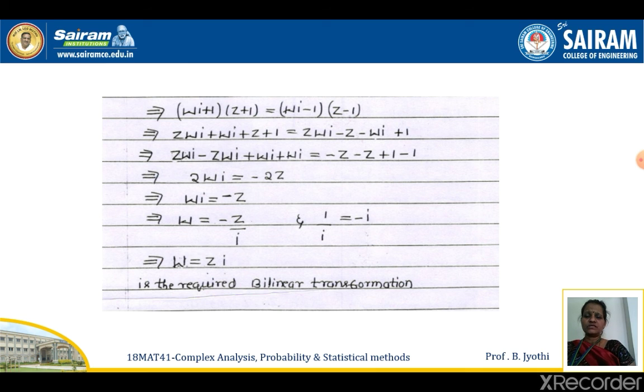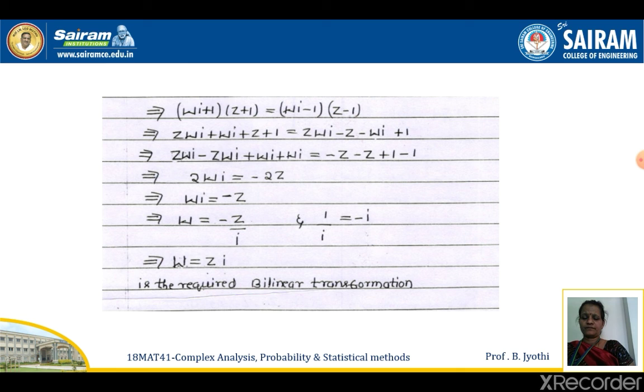Plus 1 and minus 1 cancel in the right hand side. ZWI and minus ZWI get cancelled in the left hand side. So we get 2WI is equal to minus 2Z. Cancelling 2 on either side, we get WI is equal to minus Z, or W is equal to minus Z by I.